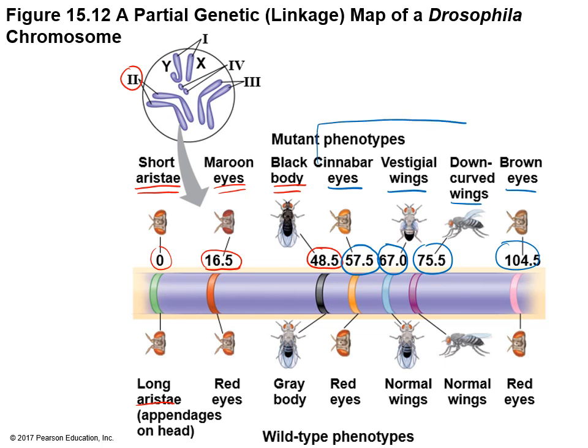So these genes, since they have a recombination frequency greater than 50%, these genes are probably going to not be inherited together with the genes on the left.